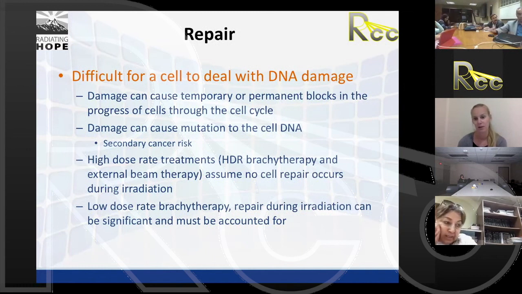This is in contrast to low dose rate brachytherapy, where the treatment time and the exposure time is so long that you actually have to account for individual cells repairing whilst they're also being irradiated at the same time. So this can be significant, particularly for very low dose rate brachytherapy treatments. And so we need to account for this when we're looking at how much dose we're going to give our patients and how long the treatment's going to go for.